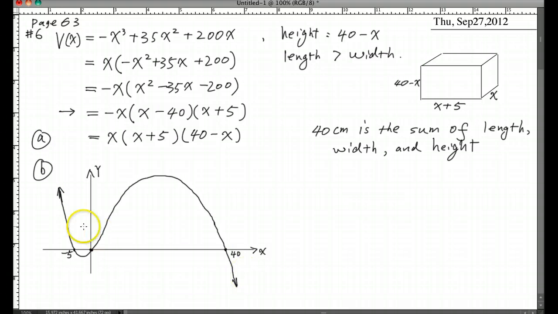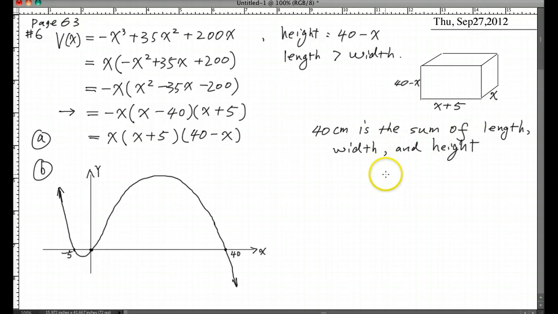Now of course that's the graph for this polynomial function. But x has a meaning: x is the width of the box. We already analyzed that 40 centimeters is the total of length, width, and height.